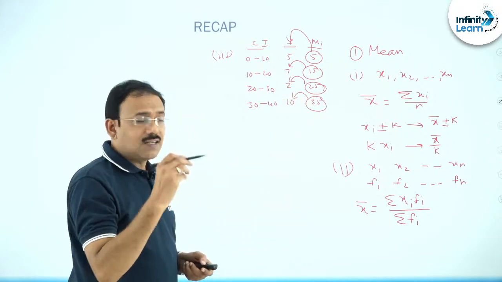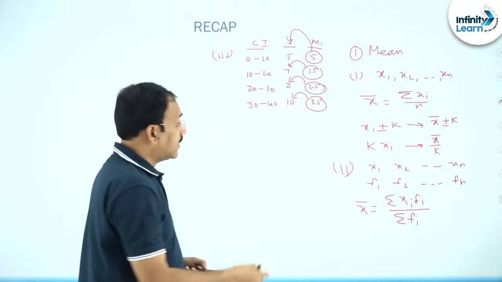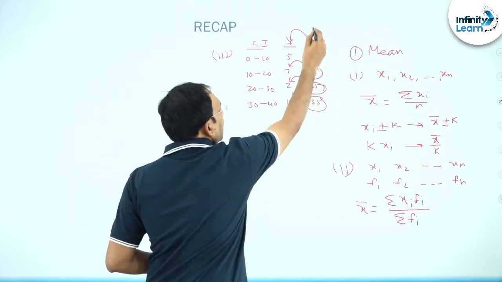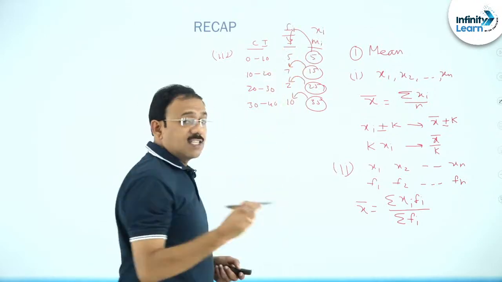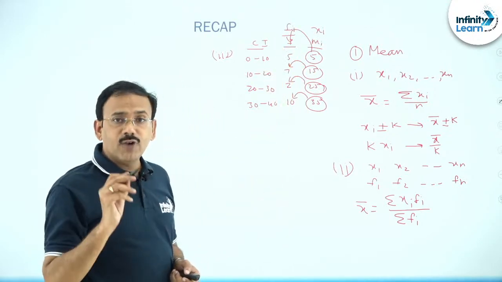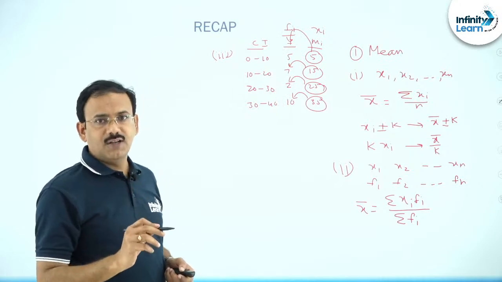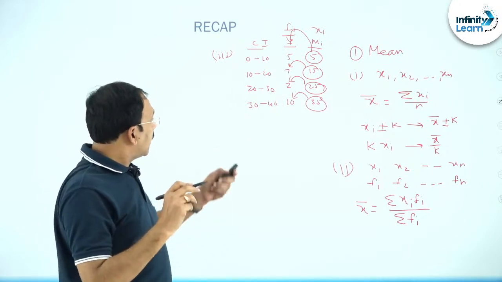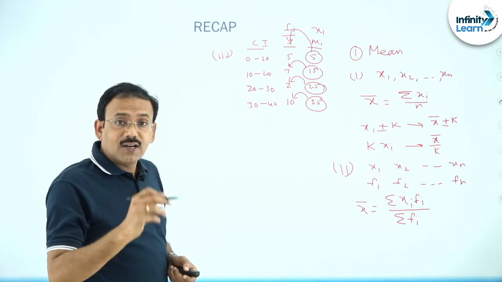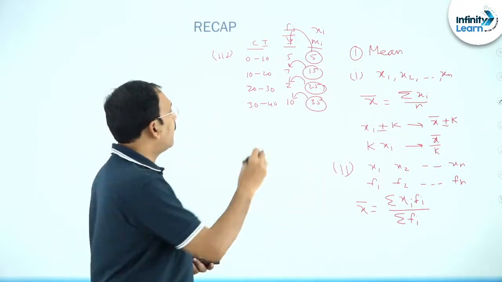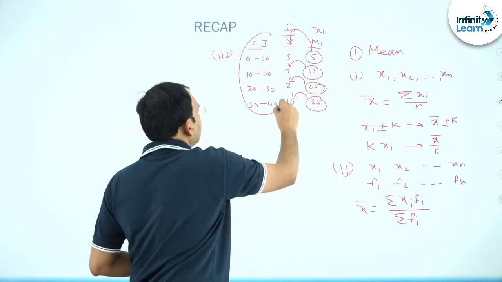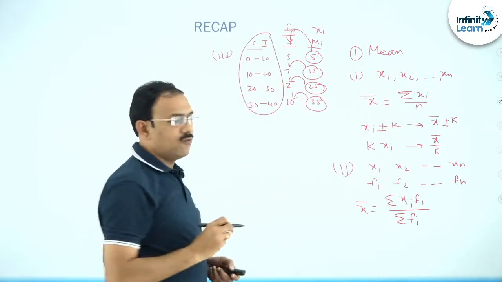So, you can treat this continuous series like a discrete series with xi and fi. This is very important. If you have any confusion in handling continuous series data, you can convert it into a discrete series, especially in case of mean, by replacing the class intervals with mid values.